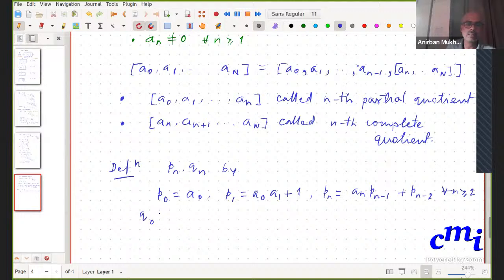And similarly for Q0, Q0 starts with 1 and Q1 is A1.